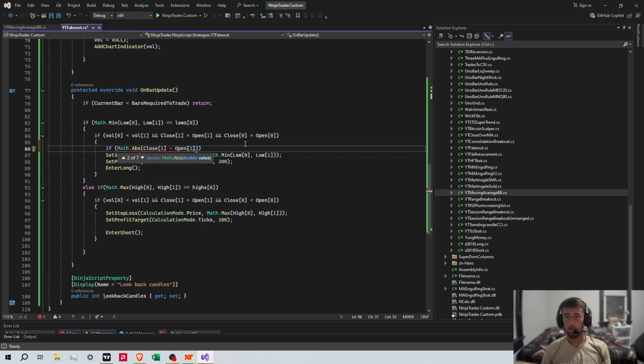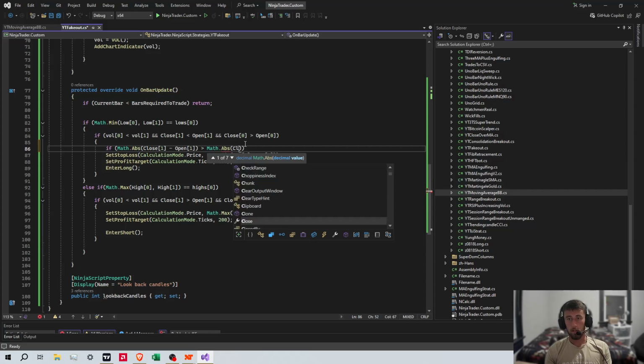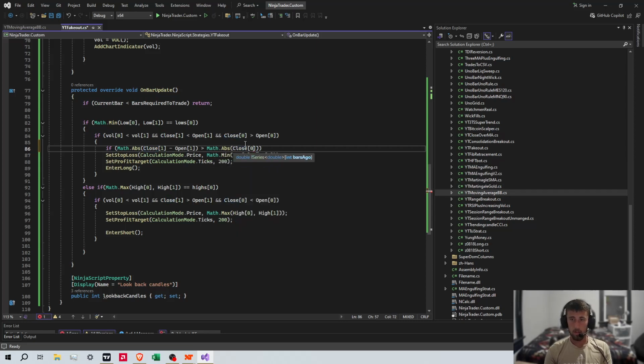Right, so this gives us the size of the first candle. If this is greater than basically the size of the most recent candle, if it's greater, then we return, because we want it to be smaller, right?